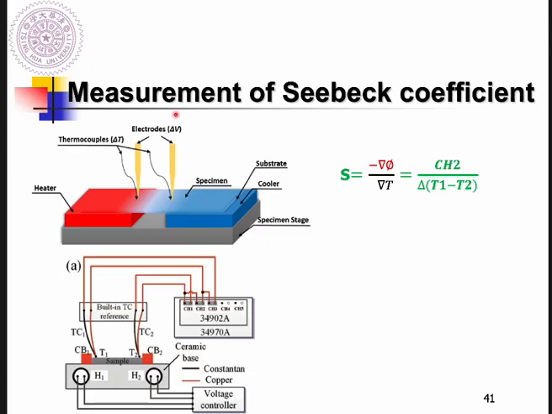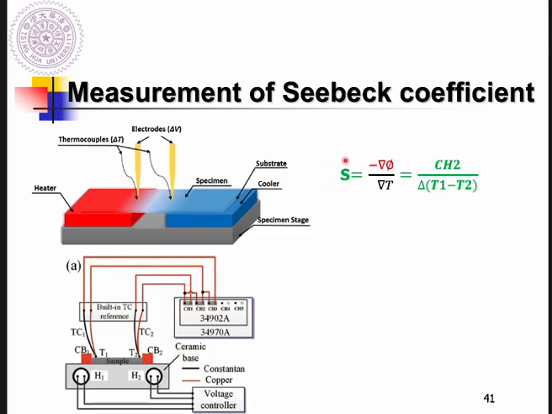We call it the Seebeck coefficient. How to measure a material's Seebeck coefficient is quite easy. Here we have the thin film or the bulk material. For the thin film, we just put the thin film material on top of a heater, and the other side is the cooler. We use this to generate the temperature difference, and in the meantime we measure how much electrical potential gradient is generated.